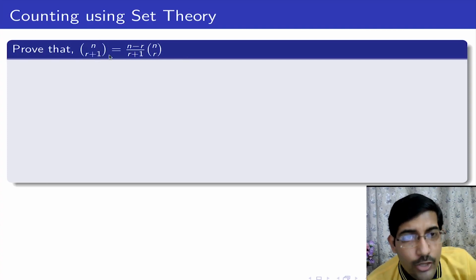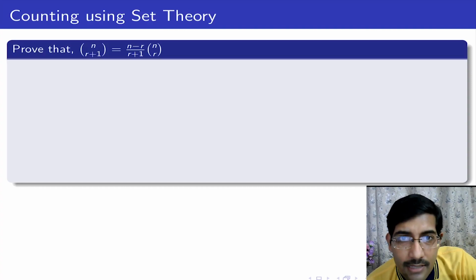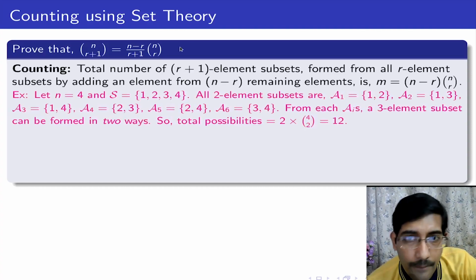So what is n choose r plus 1? Whenever we have n choose r, it means the number of sets that we can form which have r elements. So given an n element set, the number of subsets that we can form with r elements is n choose r.